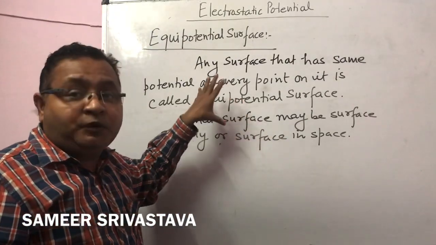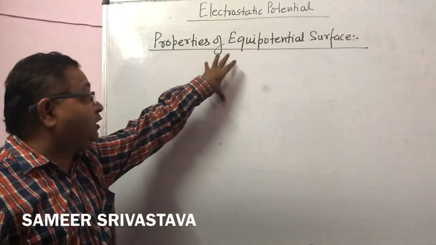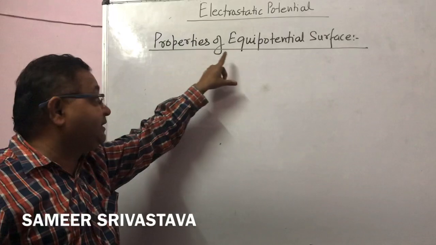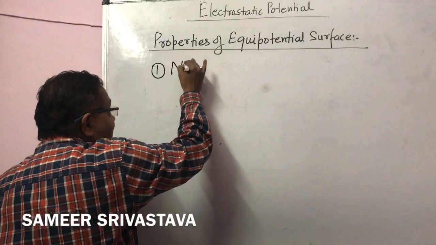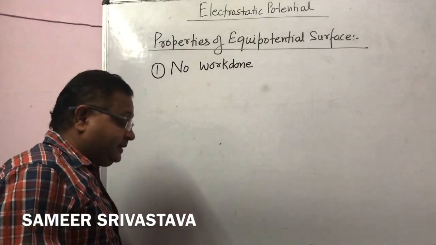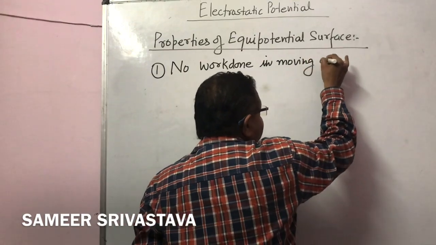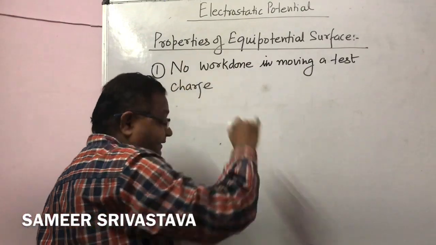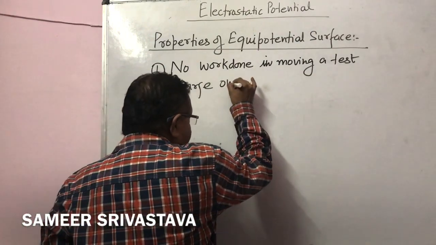Now what are the main properties of equipotential surface? Properties of equipotential surface is a very important topic. The first property: no work is done in moving a test charge over the equipotential surface.